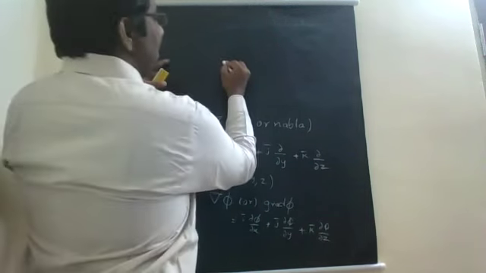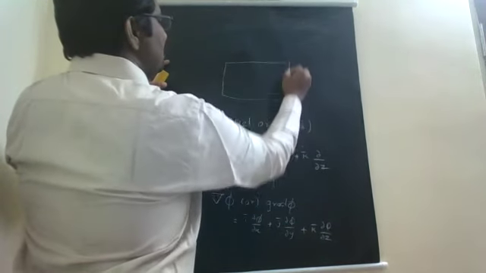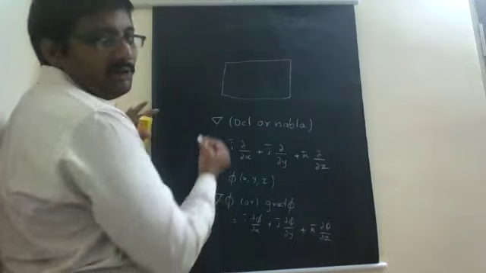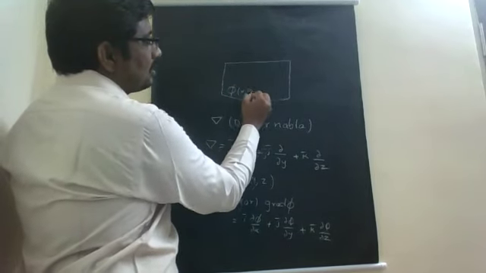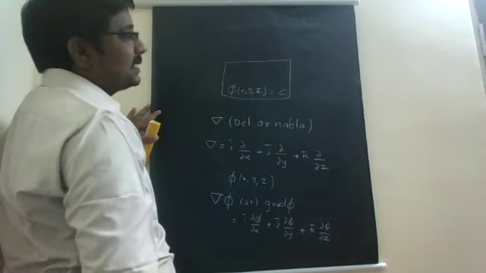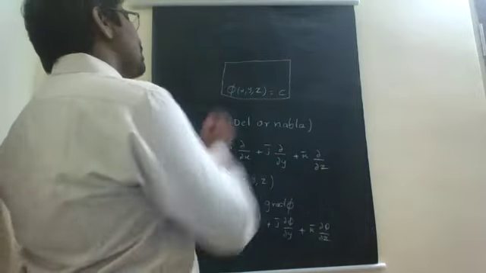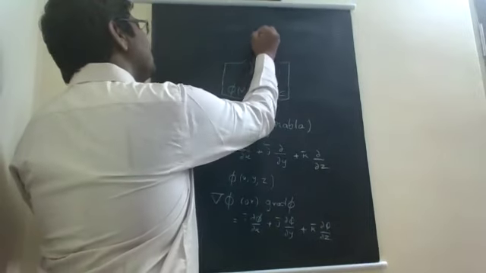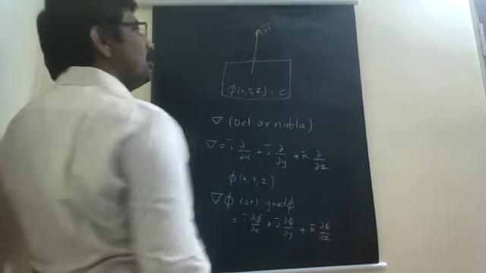If we take one of the surfaces, phi of xyz equal to c, this is constant, so it is the surface, and let this be a normal vector, that is n bar.